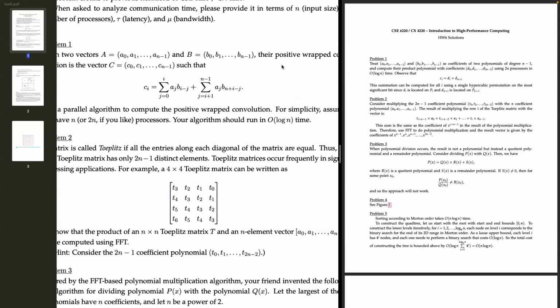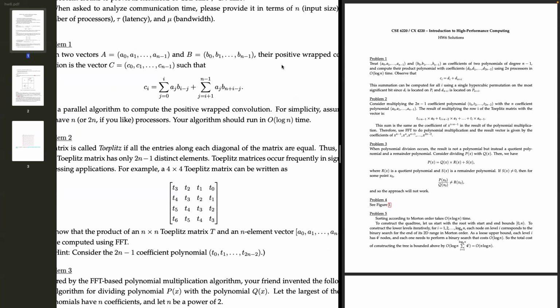The second half is still A sub J times B, but now B is coming from the right. As J goes up, the subscript of B is going down. On the left side too, A is going up with J and B is going down with J.